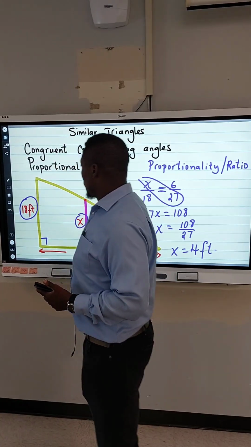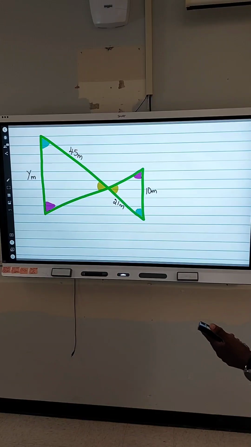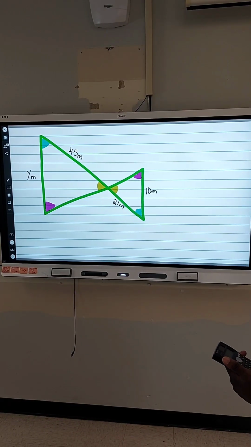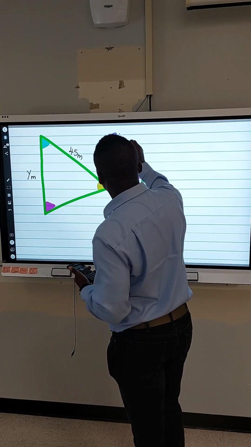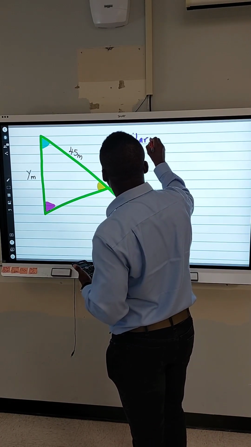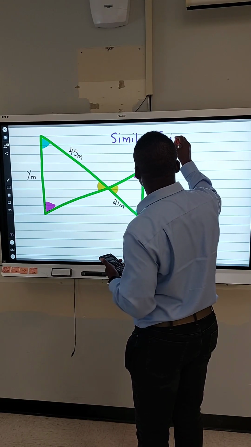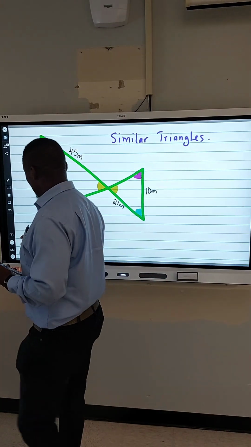Another problem with similar triangles comes in when the triangles are combined in this fashion. Here we want to first identify which triangles are similar. So these triangles are considered to be similar, so the proportionality rule will work.